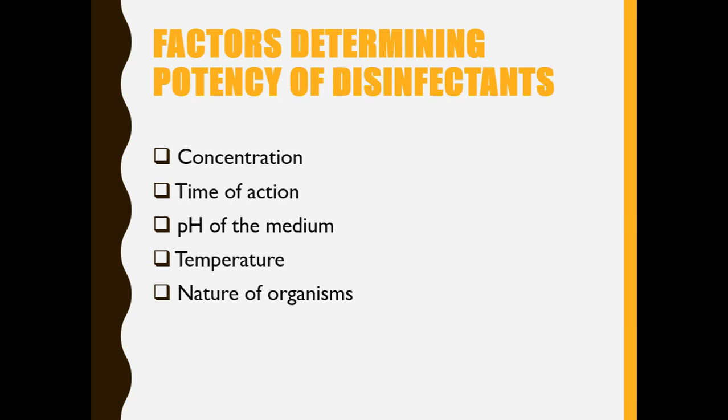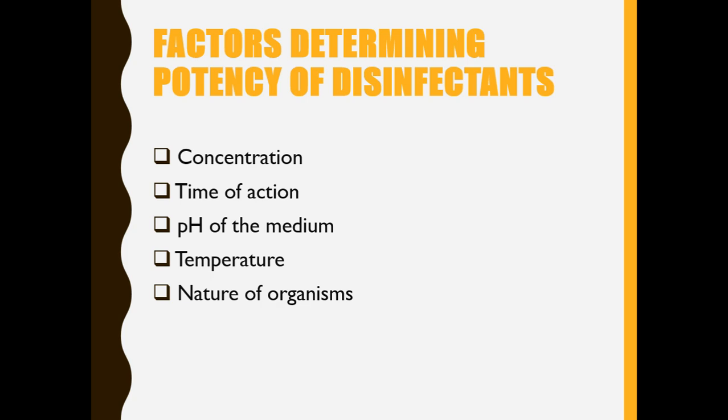The next one is the nature of the organism. This is also a most important character. Most of the disinfectants are able to kill most of the vegetative forms as well as some viruses or some fungi and other microbial agents. But there are some agents which are able to act only on bacteria, or some may be able to act on viruses also.